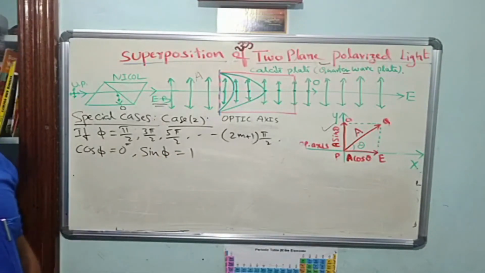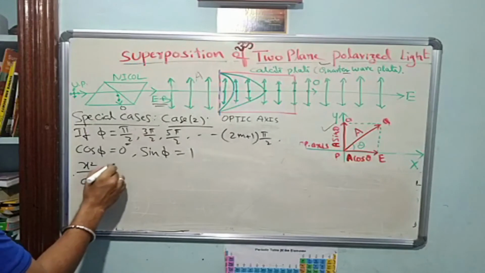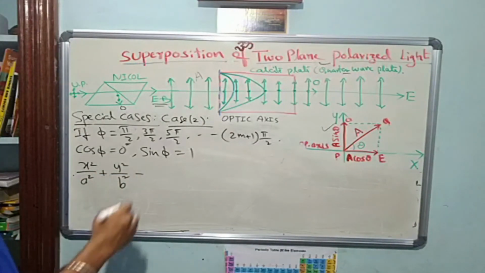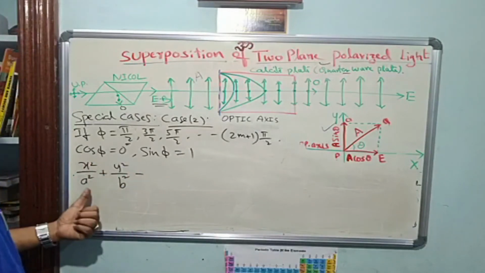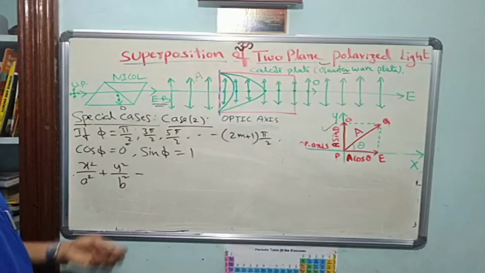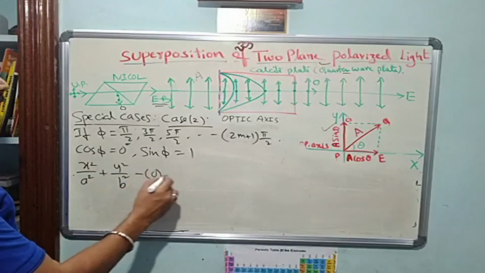Now look at equation 4. In equation 4 we have x square by a square plus y square by b square minus 2x by a into y by b into cos phi, isn't it? Because cos phi is equal to 0 here, there is no need to write that term.